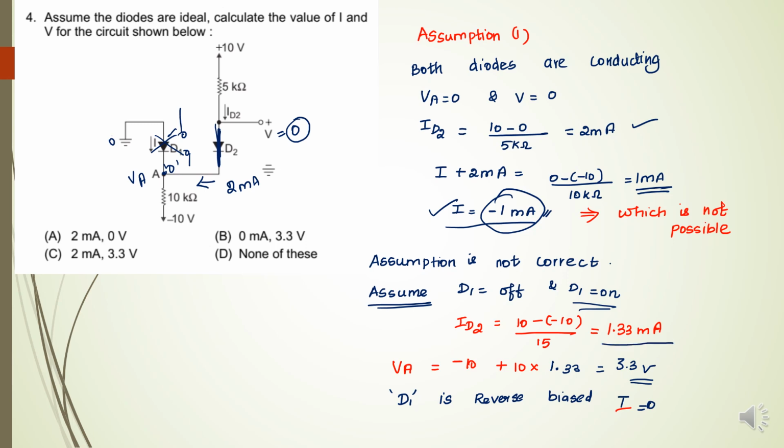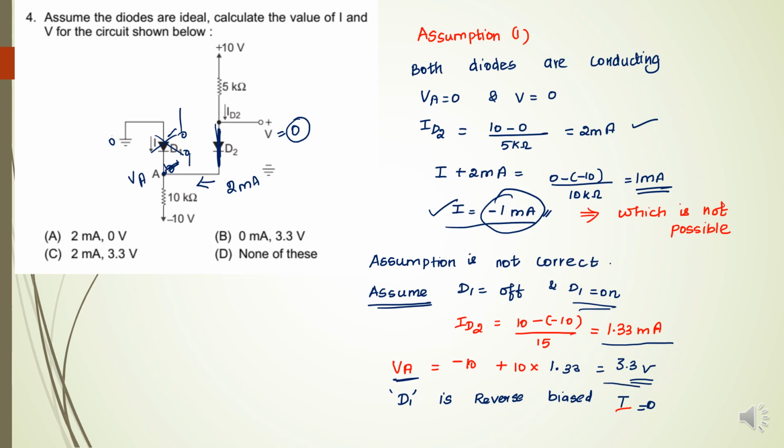Okay, then we have to find out the VA value. So what is VA? VA is not 0 now. VA is here minus 10, plus 10 into 1.33.